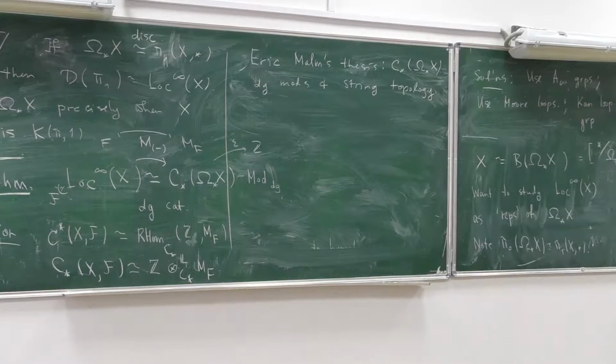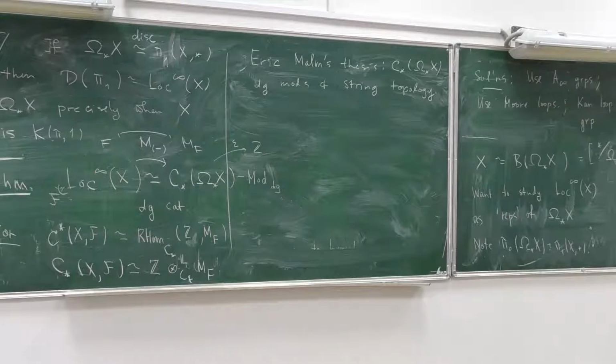However, there's a third approach, which is purely homotopy theoretic. I don't want to get into it, but you can think of a homotopy type as an infinity groupoid, where the objects are the points, the one-morphisms are the paths, the two-morphisms are homotopies between paths, and so on.